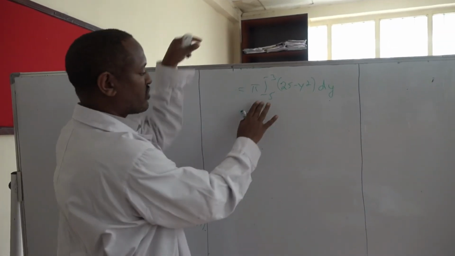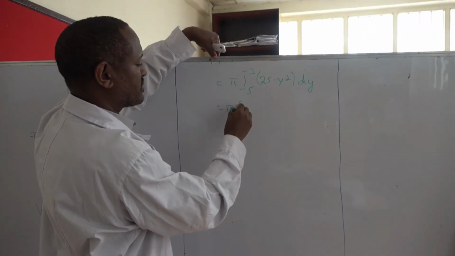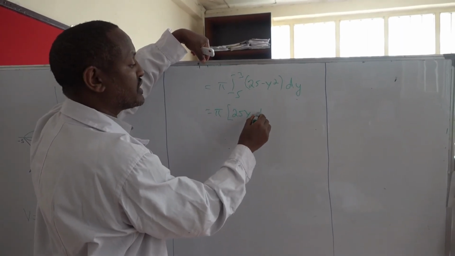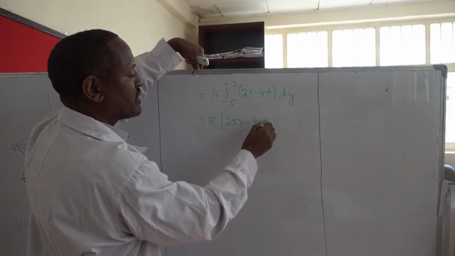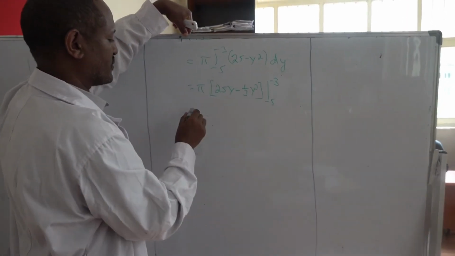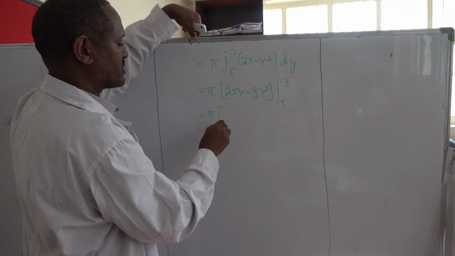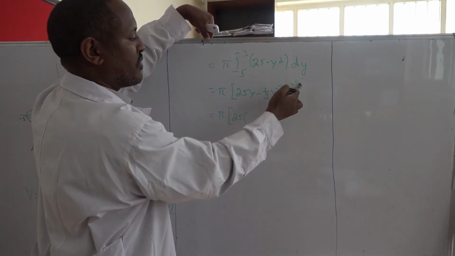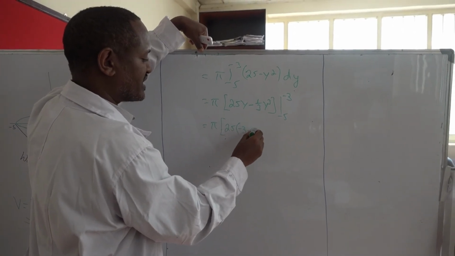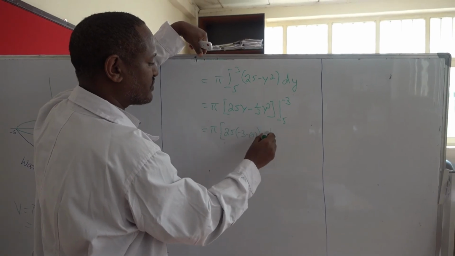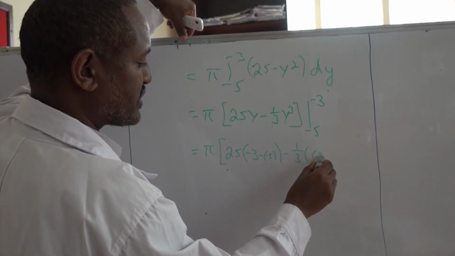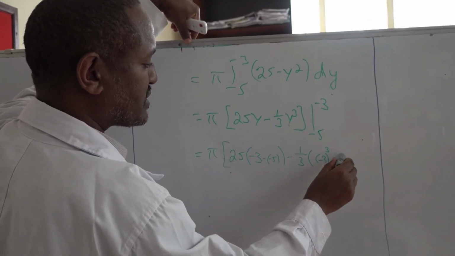Good. The integral of 25 minus y squared is 25y minus the integral of y squared, which is 1 over 3 y cubed. Now evaluate this from -5 to -3. So we have pi times 25 times (-3 minus -5), minus 1 over 3 times ((-3) cubed minus (-5) cubed).